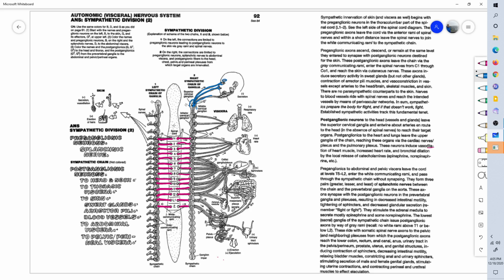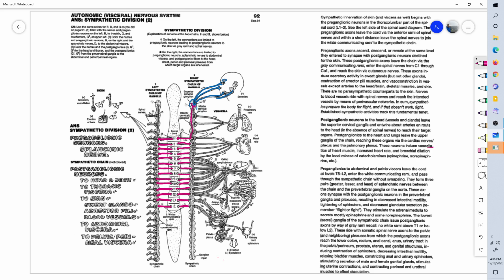And here, another postganglionic neuron to the submandibular gland, to the parotid gland, etc. And that is sympathetic control of the glands. And of course, the signals would come from the lateral horn and rise up the sympathetic chain and synapse with the postganglionic neurons right here.